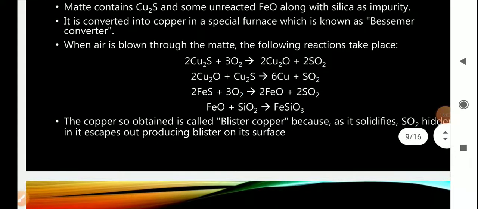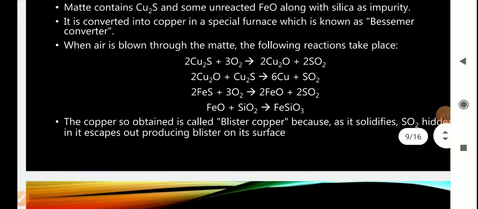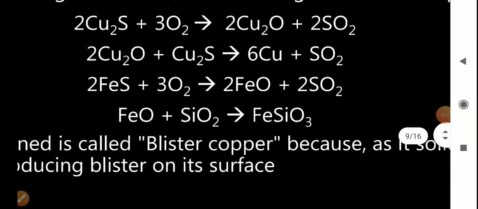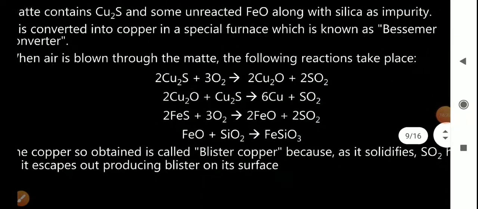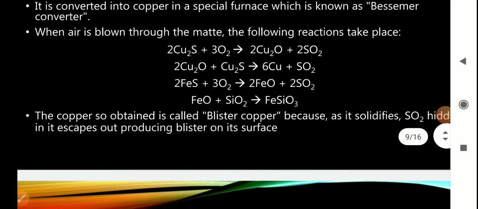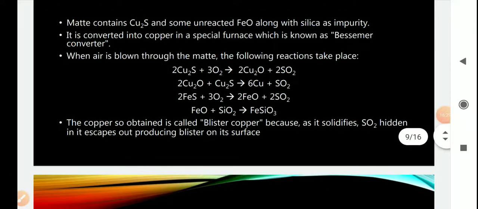So here again FeS and oxygen are converted to FeO, and again it reacts with the silica and forms slag. The copper so obtained, that is free copper, the element, is called blister copper because it is not 100% pure.